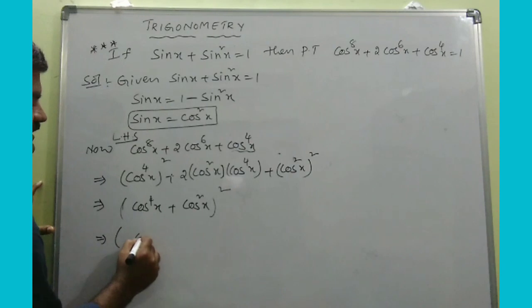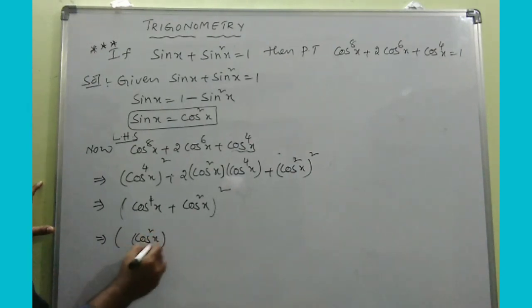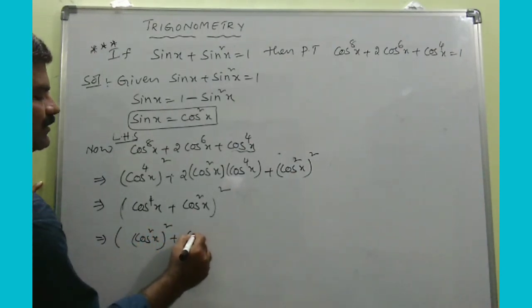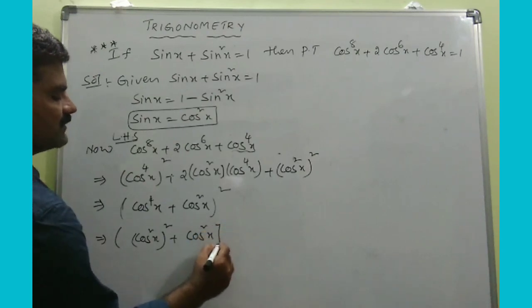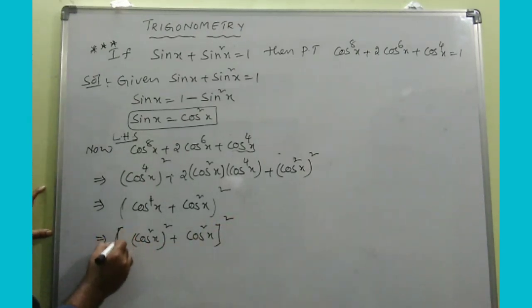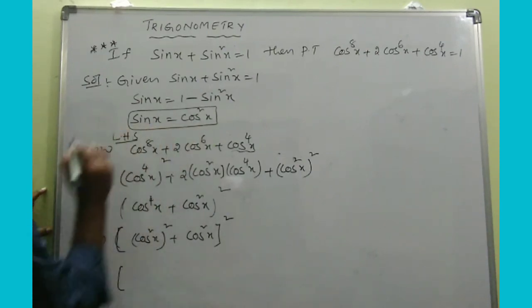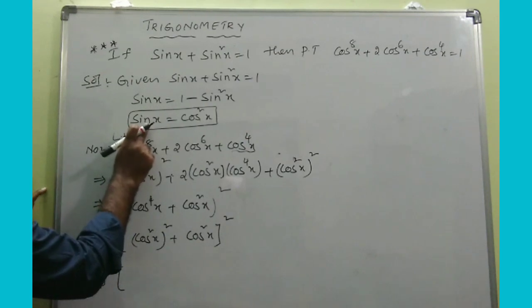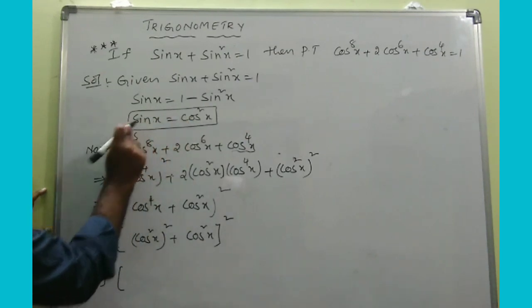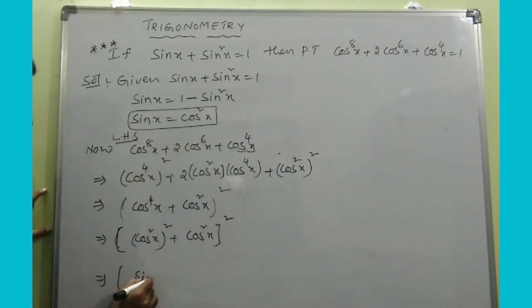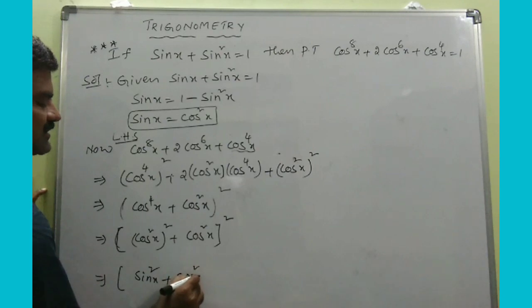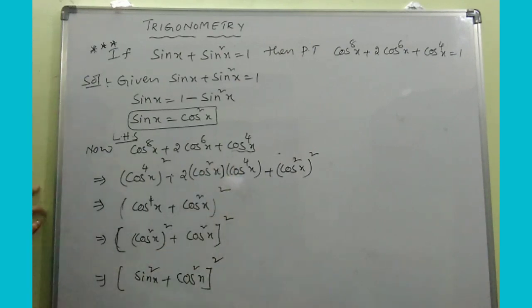Now I want to write it as cos square x whole square plus cos square x entirely whole square. Now coming to here, cos square x is nothing but sin x. Just I want to replace this. In place of cos square x, I can write sin x. So sin x whole square, which is nothing but sin square x, plus cos square x whole square.